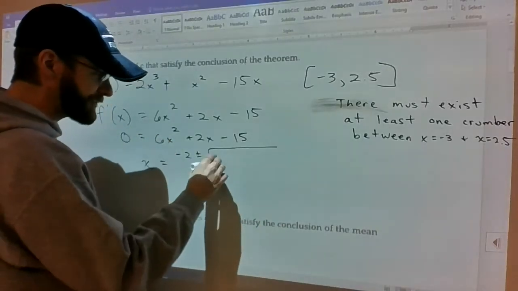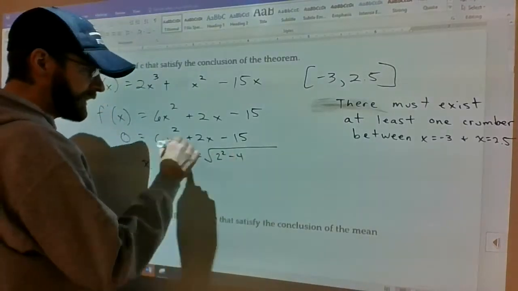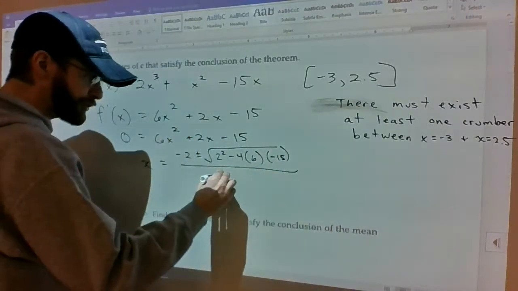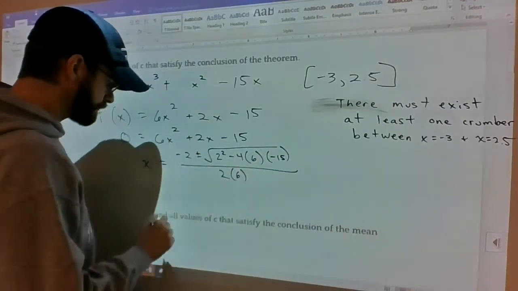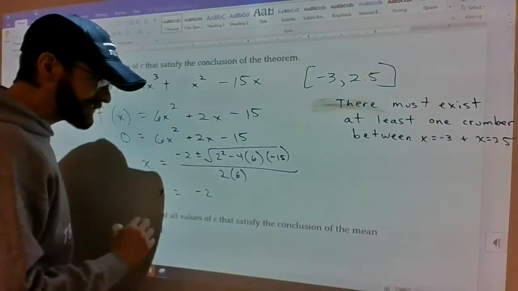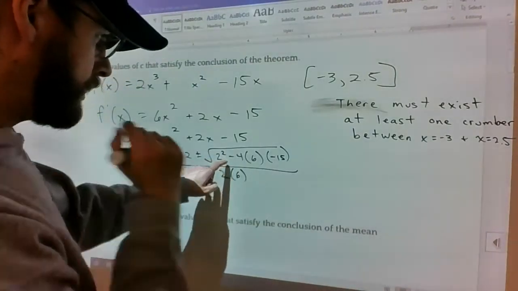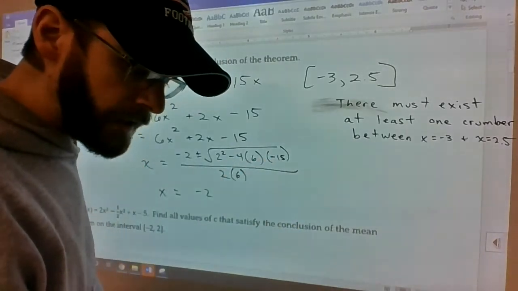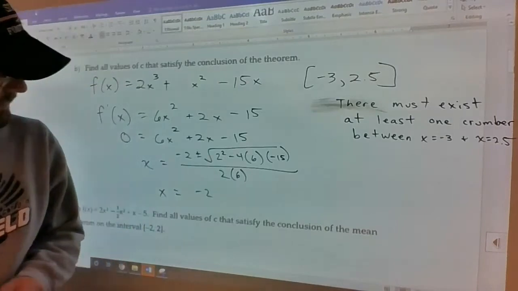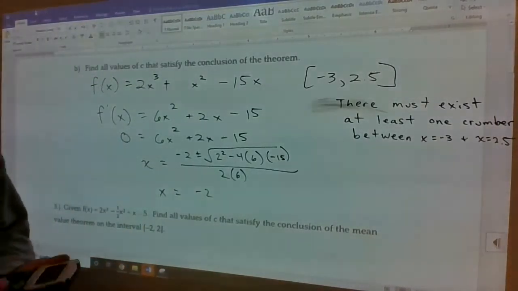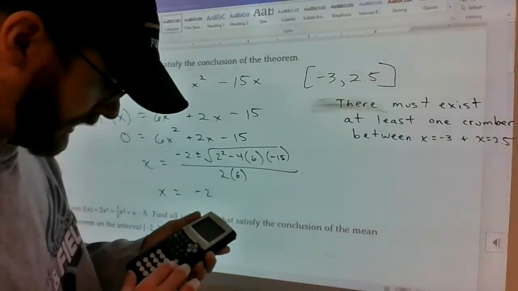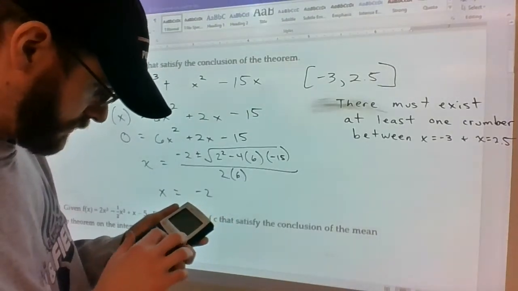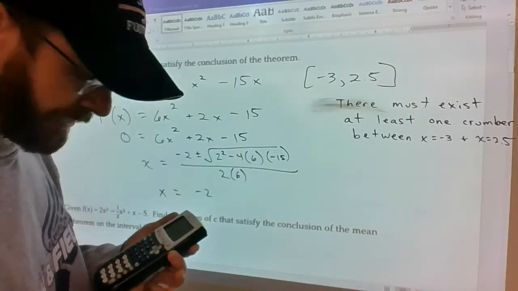-b plus or minus the square root of b squared minus 4ac, all over 2 times a. So the inside of this would be 4 plus, let's see, 15 times 24 is, I think, 360. Let's just do the whole shebang right now. Yeah, 364.